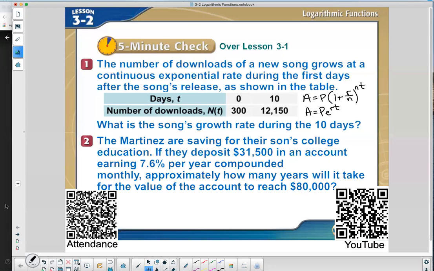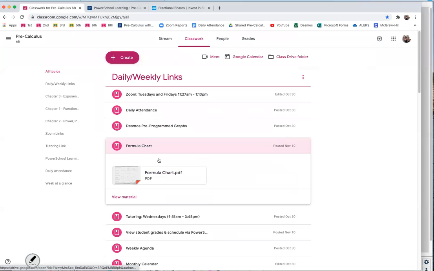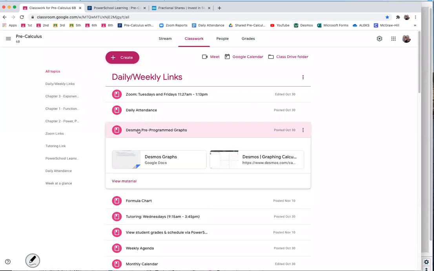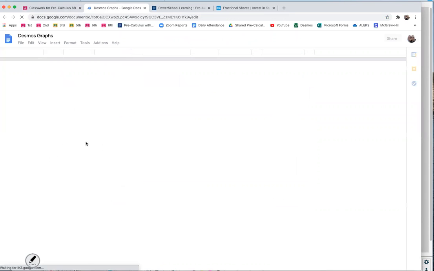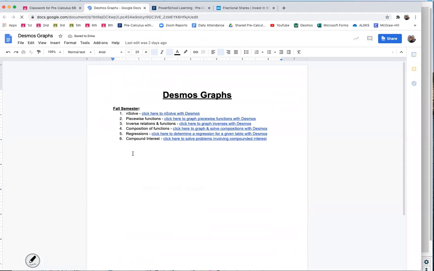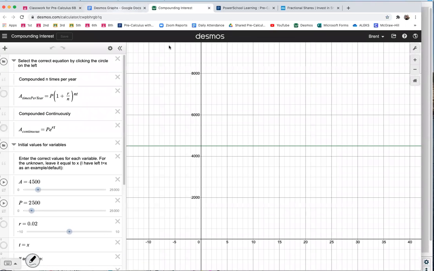Now, for a lot of your calculations, I would recommend you use the Desmos pre-programmed graphs. If you click this link, what comes up right away is this chart that lists the pre-programmed graphs that I have available to you right now. And this is compound interest number 6. I'll go ahead and click that to have it open. You would use that.